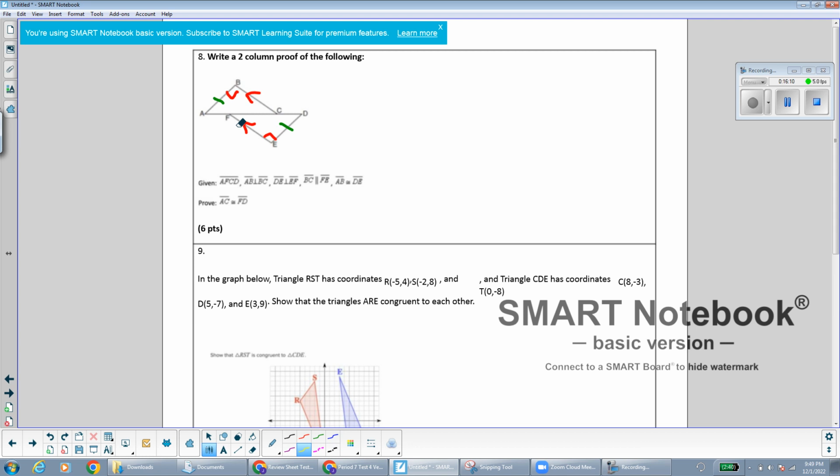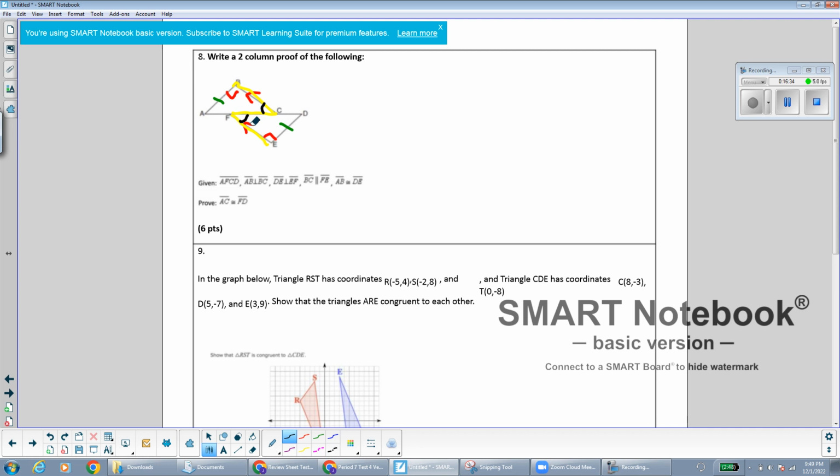We do have information about parallel lines. I'm putting parallel lines cut by a transversal. And when I highlight my parallel lines and the transversal that intersects them, I see my letter Z. And in the corners of the letter Z are my congruent alternate interior angles inside the parallel lines on different sides of the transversal.